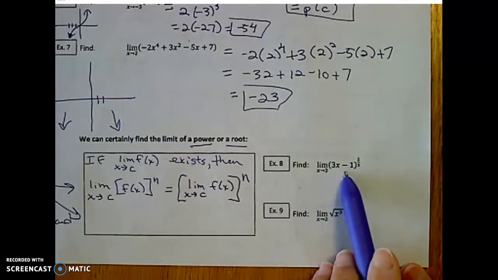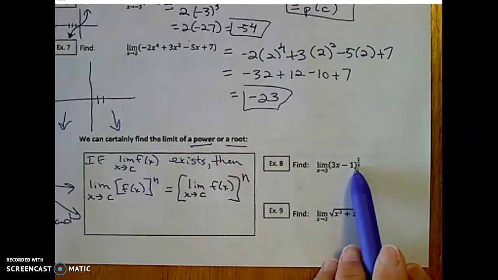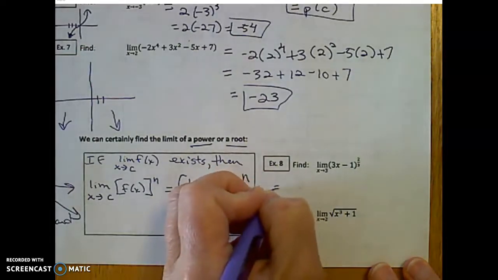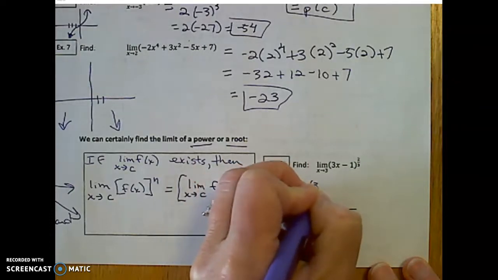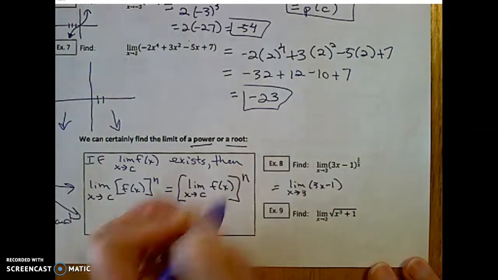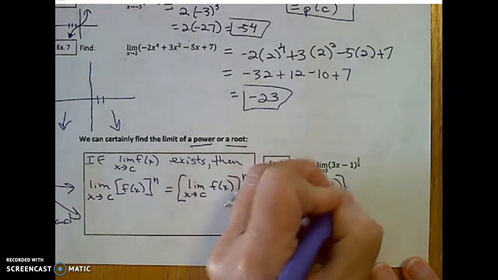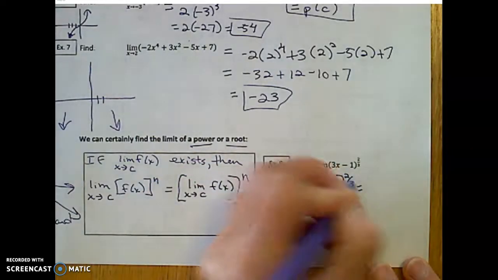So for example, when I have a function to a power, that is equivalent to just finding the limit as x approaches 3 of that function and then raising that to the 2/3 power.